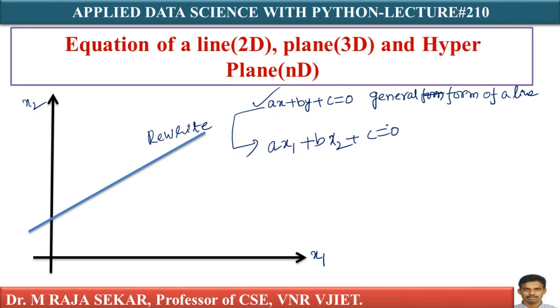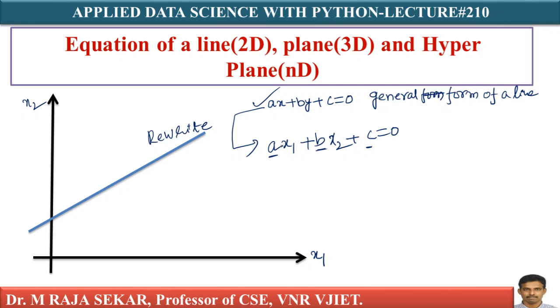Can I write like this? Yes. Instead of using a, b, c, let me use a different notation, because if you want to do it in 10 dimensions, how will I write?